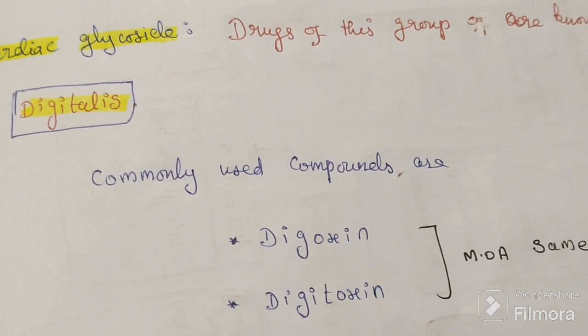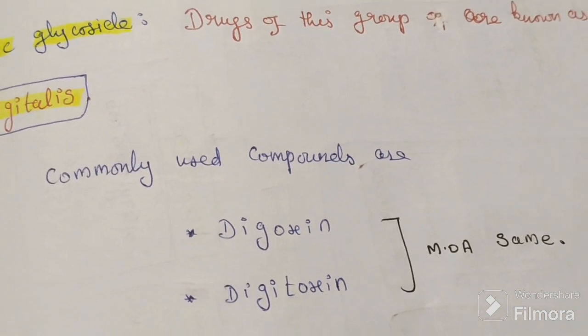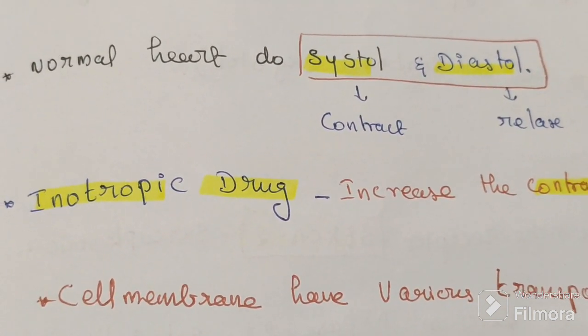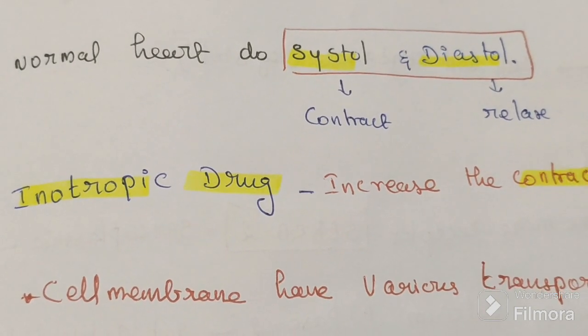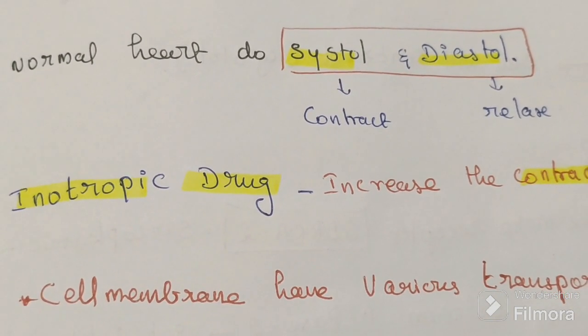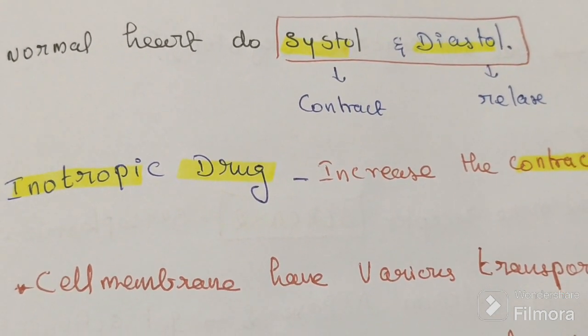Now we want to see the mechanism of action. Both mechanisms of action are similar. Most important inotropic drugs, cardiac glycosides, digitalis, digitoxin or digoxin, everything is the same.